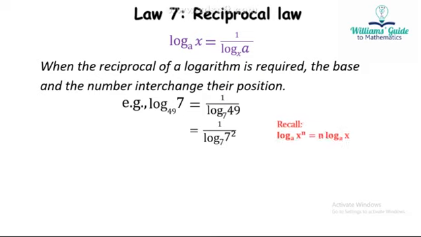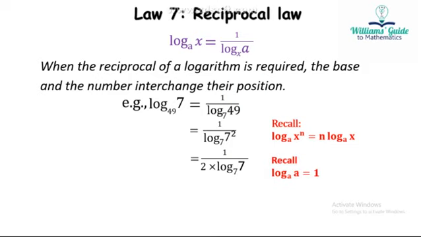Remember one of our laws, that is law 5. The power can come to the back of the log, just like we have n as a power here, coming to the back of this log to give n log x to base a. So that will mean that we have 1 over the 2 coming to the back of the log, and we have our log 7 to base 7.